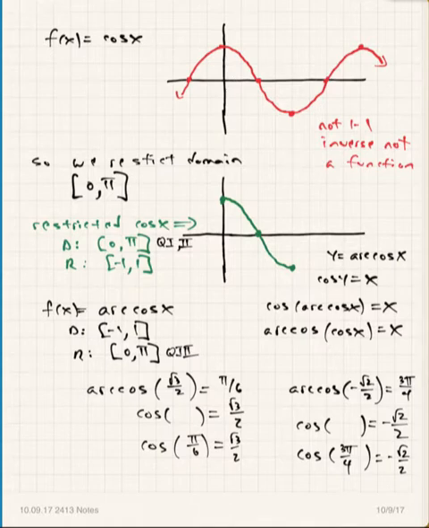Okay, and so that's a real quick rundown of the arc cosine function and the restricted cosine function. We did exactly the same with the tangent. I'm not going to go through that in as much detail here. So we know that the tangent's not 1-to-1, so we restrict the domain.